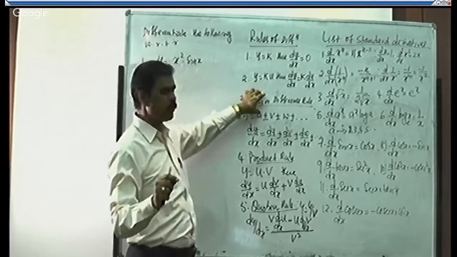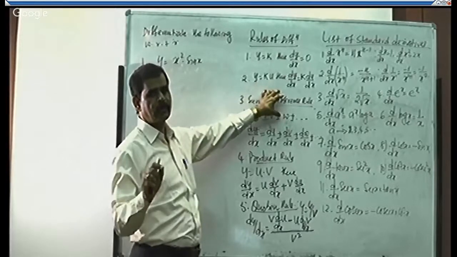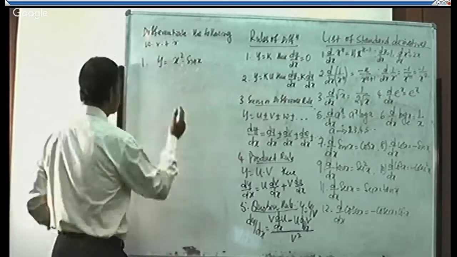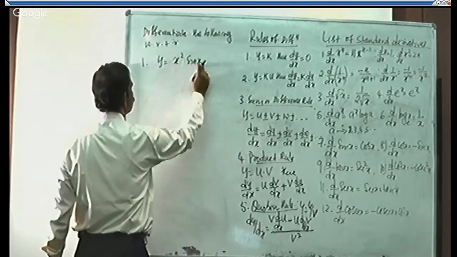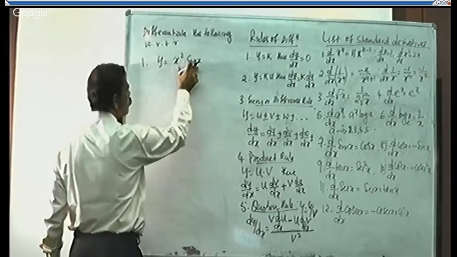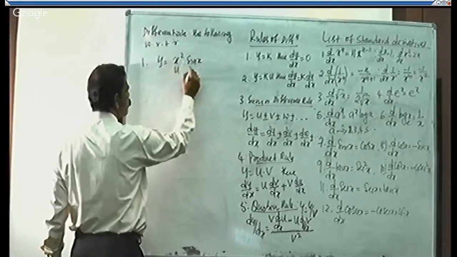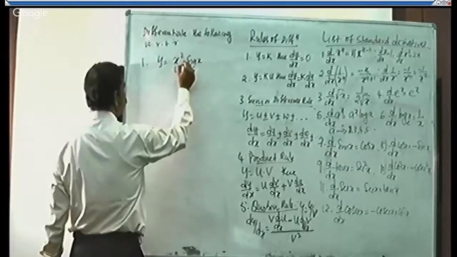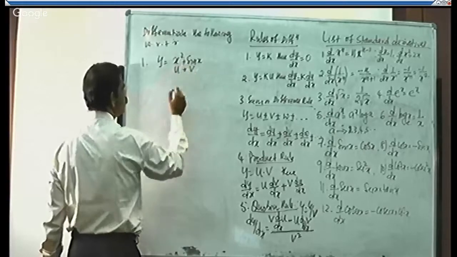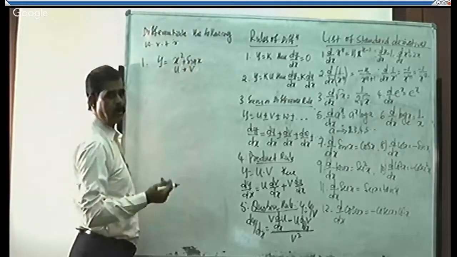We have to use the sum or difference rule. That is the main difference. If there is no symbol at all in between two x terms, this is one x term, this is another x term, it means it is a product of two terms. Treat it as u and v. If there is a plus or minus, then use the sum rule or difference rule.